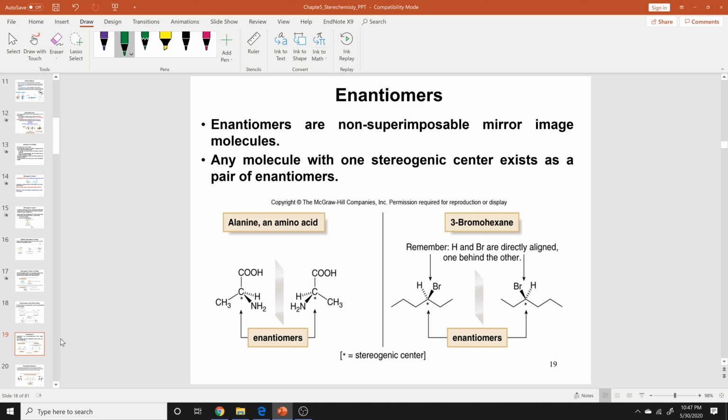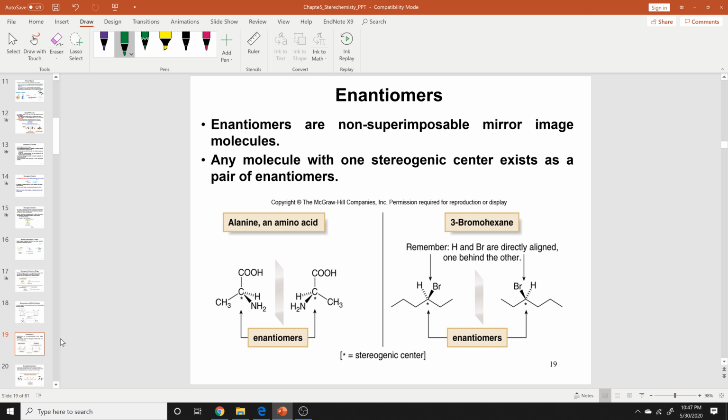Then the molecule and the mirror image will be enantiomers. They will be different. So the molecule and the mirror image are going to be different molecules because they have different rotation around the chiral center in space. So this is why they are different.